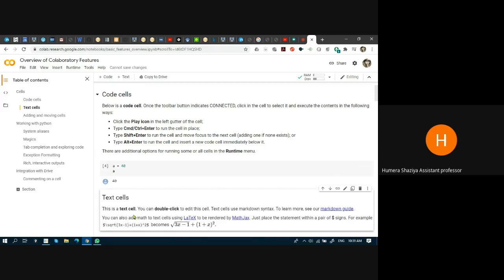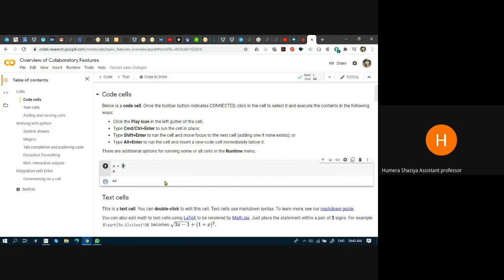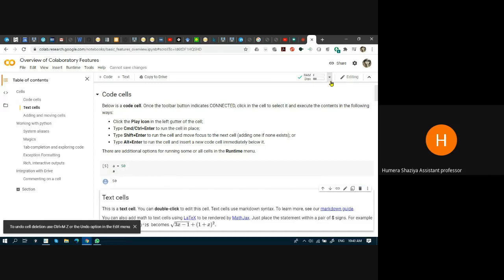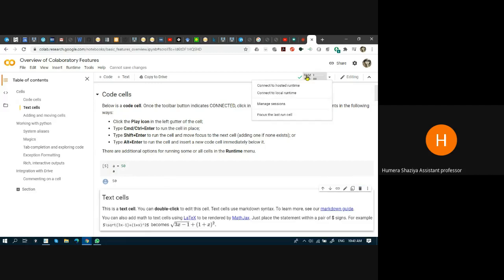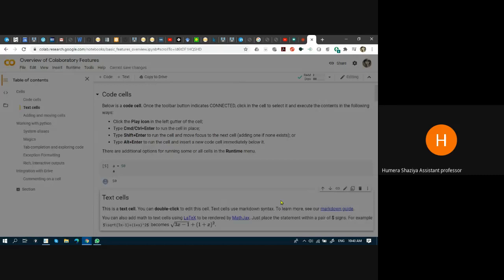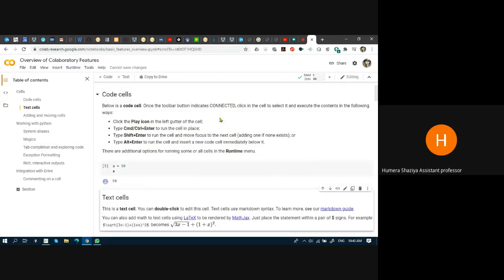Now this cell is highlighted. And the last one is Alt Enter, the cell is executed and look at here, a new cell is created. And if you observe here, some resources have been allocated. This is an active session now.